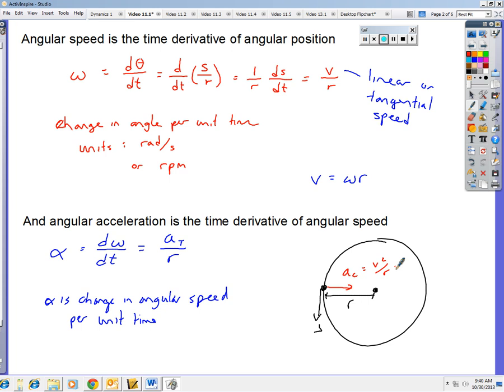In this class, though, we have to consider cases where it's actually speeding up while going in a circle. And so in that case, you have centripetal acceleration that points toward the center, and you also have tangential acceleration that is tangent to the circle. And so you would have an acceleration that points like that.